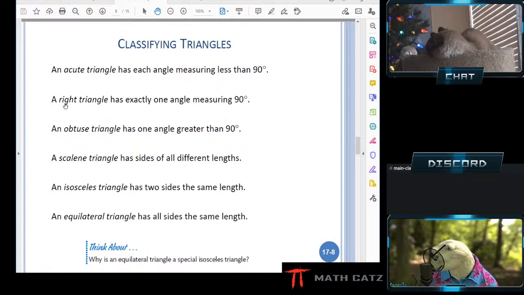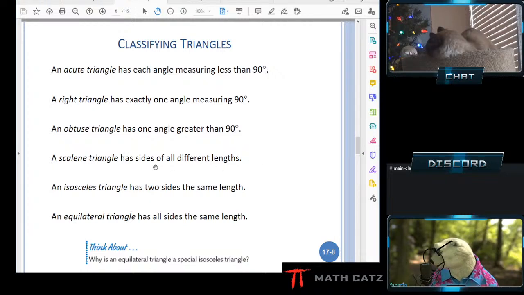And a right triangle or a right angled triangle has one angle exactly 90 degrees. We'll revisit those a little bit later. Then if we look at the sides of the triangle, we can have some sides being the same, sometimes some sides not being the same.